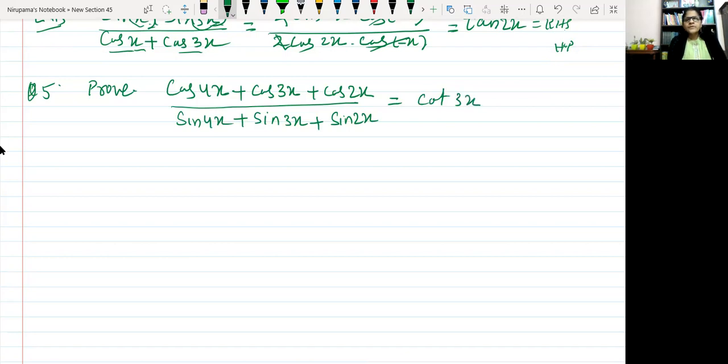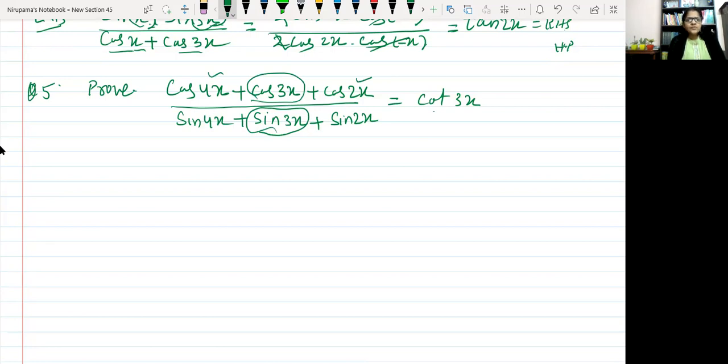Okay, so here you need cot 3x, meaning cos 3x by sin 3x. So we will not disturb this 3x. And also 4x plus 2x by 2 is 3x, right?